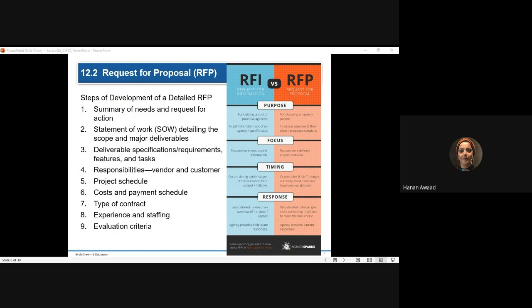Request for information. Usually when I'm searching for a solution, but I don't know everything about what I'm buying, I will share with the supplier or suppliers the situation that I'm trying to solve, and I will ask for information.